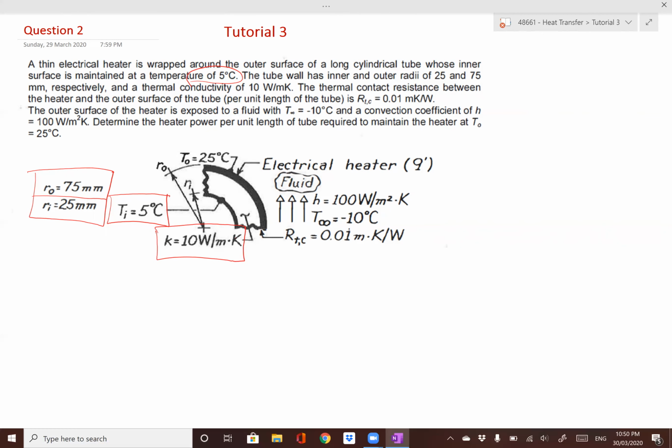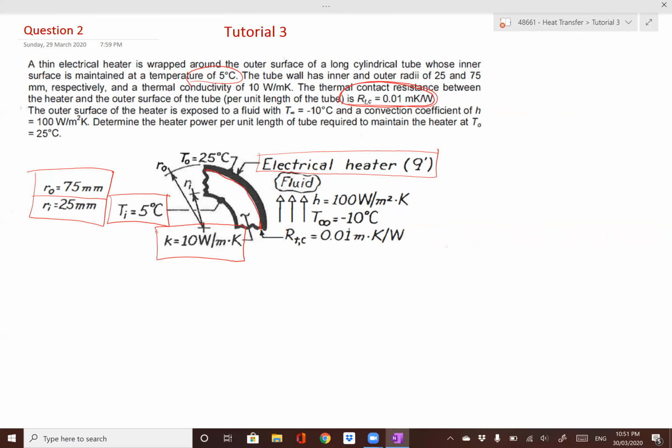Now there is a thermal contact resistance between the heater and the tube, between the tube surface and the heater.